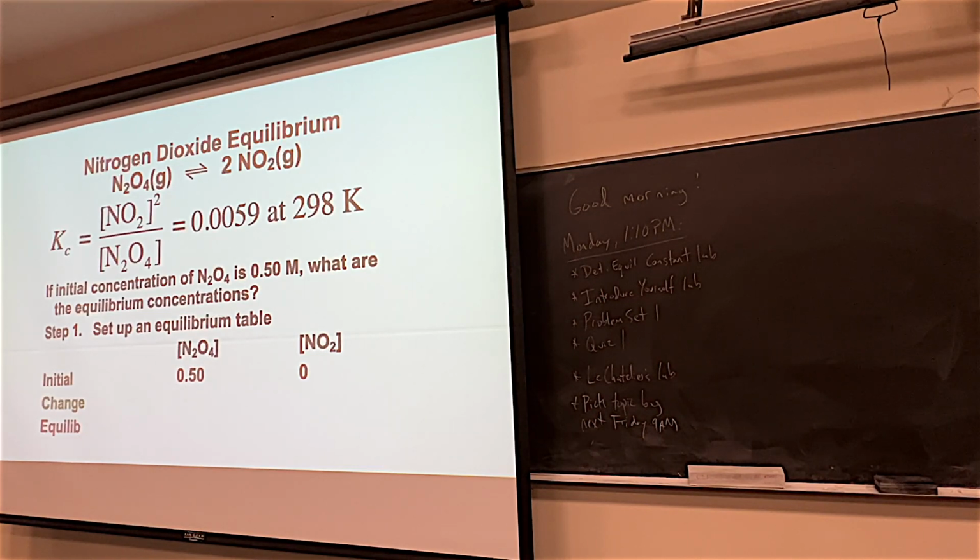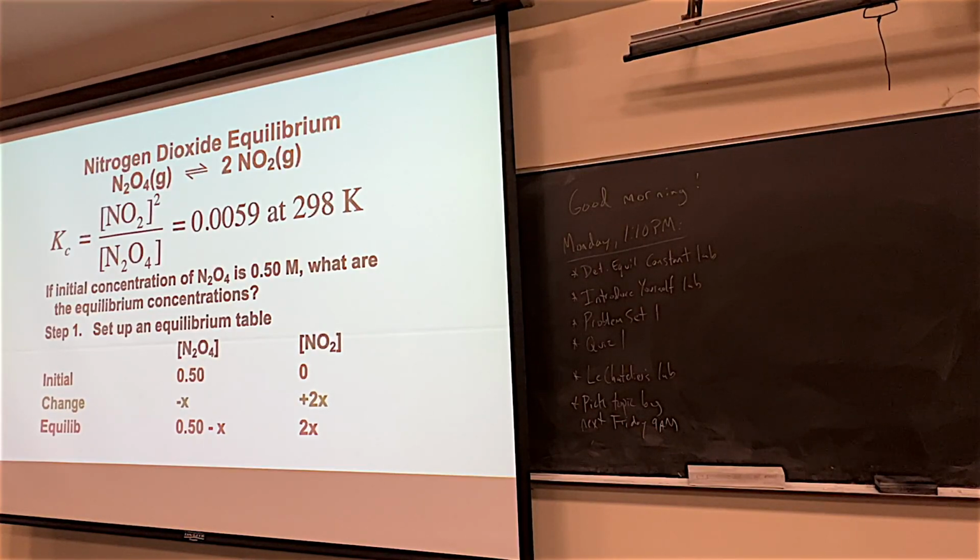So N2O4 is going to go down by some amount X, and for every X moles of N2O4 that are used up, you're going to have twice that many, or 2X moles, appearing. So again, here's that line. You can see on the left side it's negative, on the right side it's positive. More often that's how it rolls, but you can have them reversed, and we'll see examples of these later.